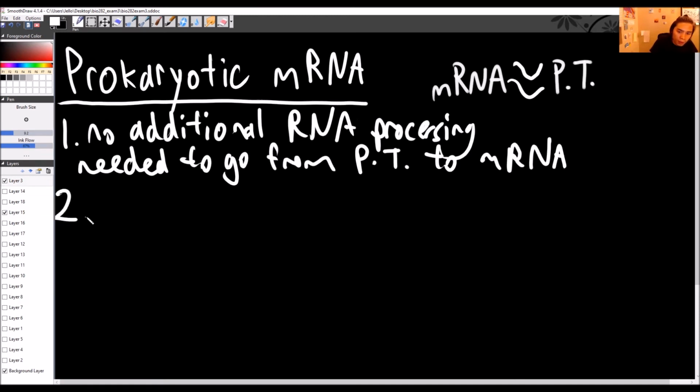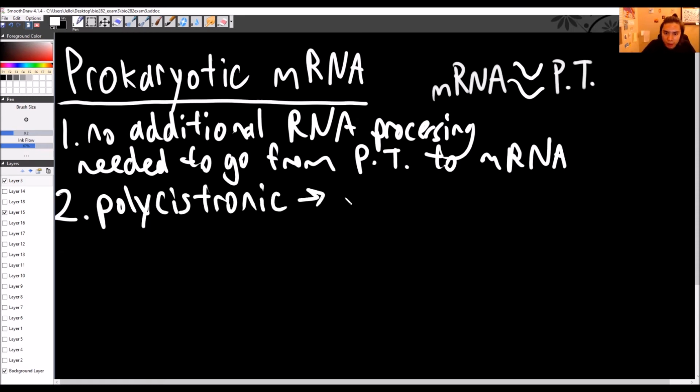So another thing is that prokaryotic mRNA is polycistronic. This means that a given mRNA encodes multiple genes or proteins.